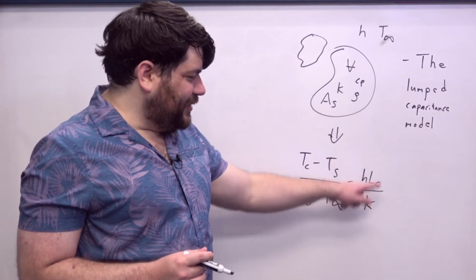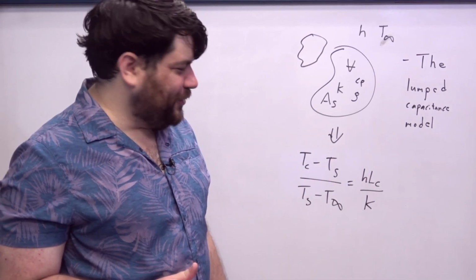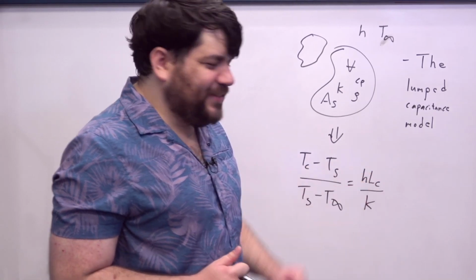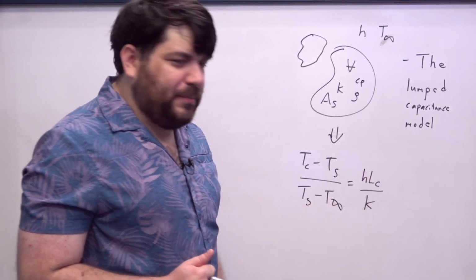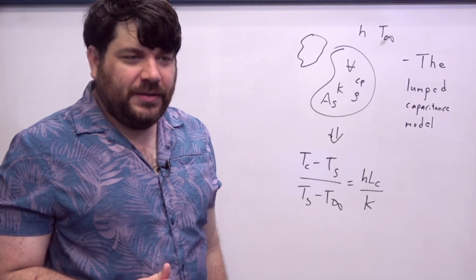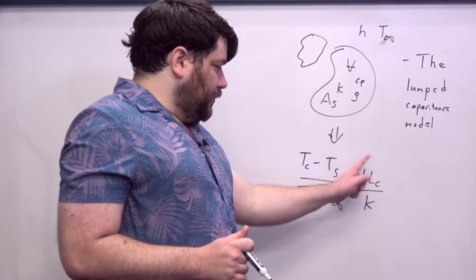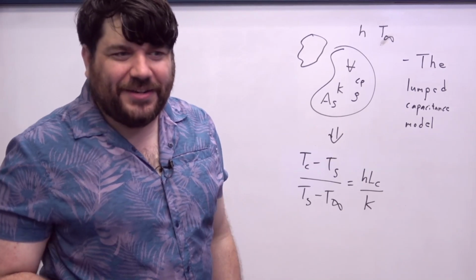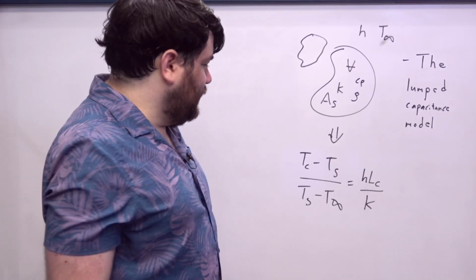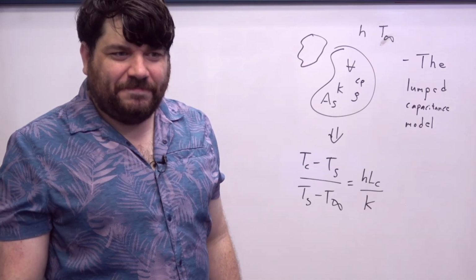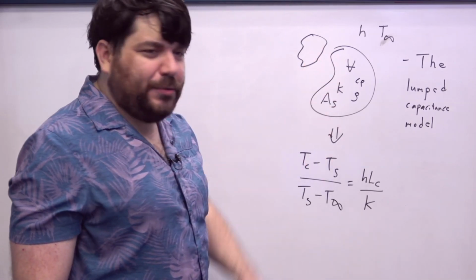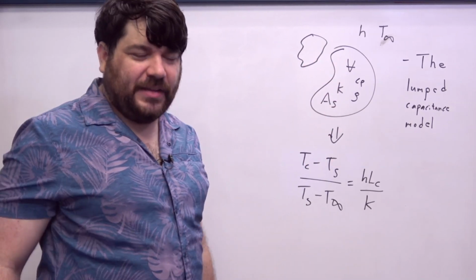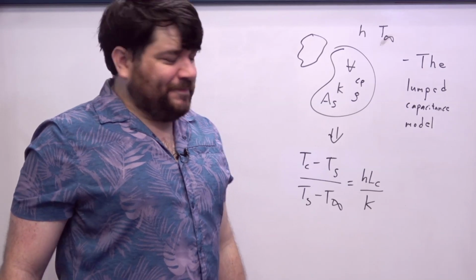We just get this dimensionless grouping of parameters, right? The heat transfer coefficient times the characteristic length divided by the thermal conductivity. And whenever this is small, that means that this is small, which means that we can assume a single temperature, Tc or Ts, to accurately represent the temperature of the entire object, at least based on our assumptions.